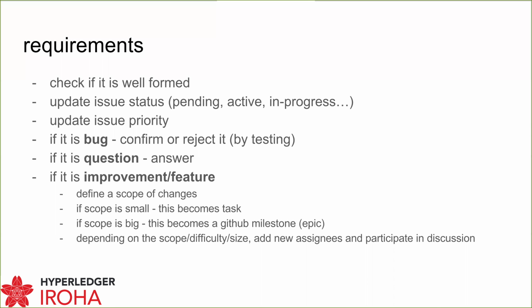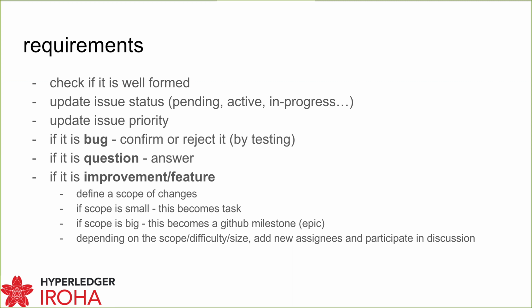Depending on the category, if it is a bug, the assignee should confirm or reject it. This will help us not to have one single person who does all the job. This can split the work among all contributors and all maintainers.